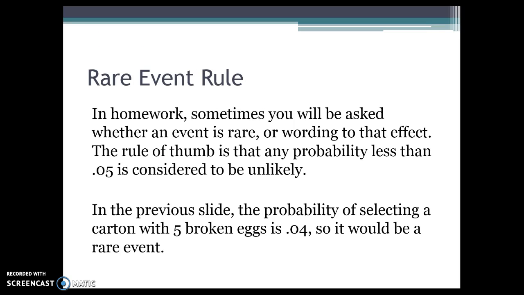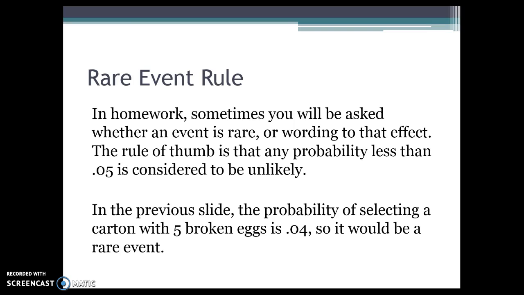Okay, so that's all we're really going to do with the discrete ones. Let me just mention one other thing here, and then we'll get started with the normal distribution. The rare event rule, sometimes you'll see that in your book, in your homework. If you're doing a probability and they ask you, is it rare? Is it rare that this would occur?